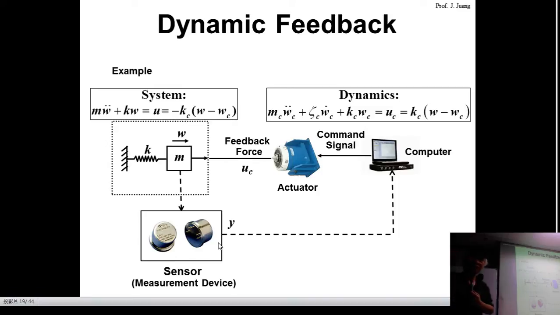Okay? Then what do I gain if I do it this way? Now, there's dynamics involved here. It's not just a direct feedback. It's not that I receive the measurement from the sensor and the computer multiplies the sensor measurement by a constant gain and then feeds back.